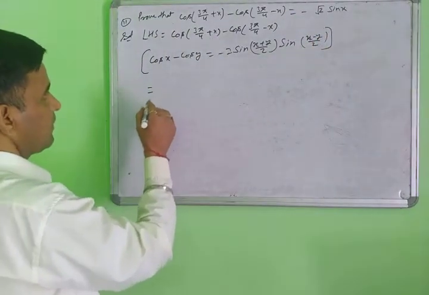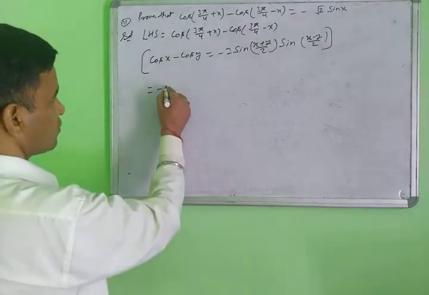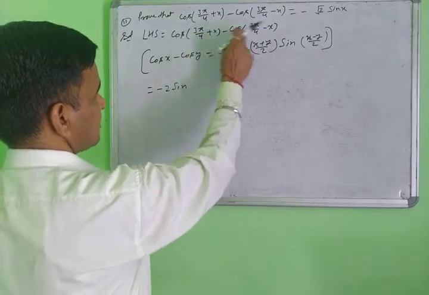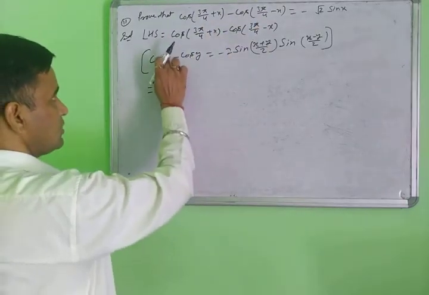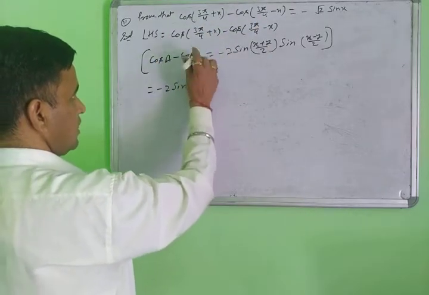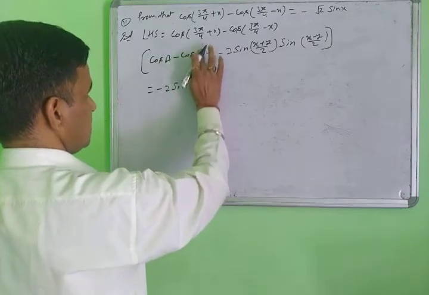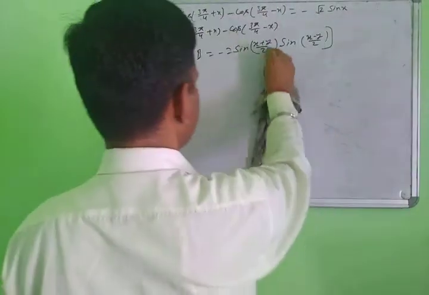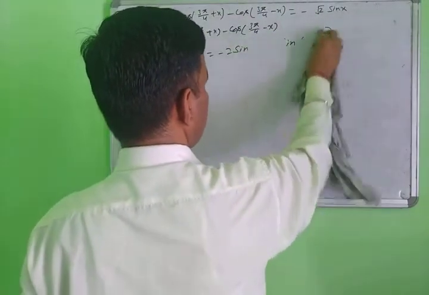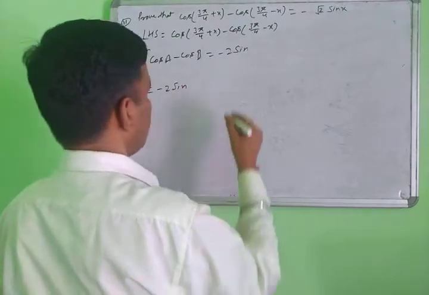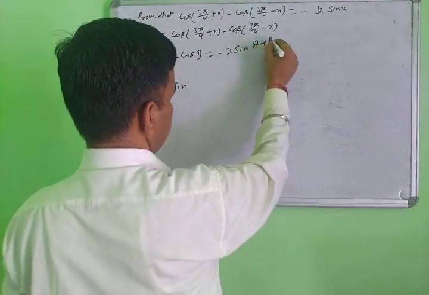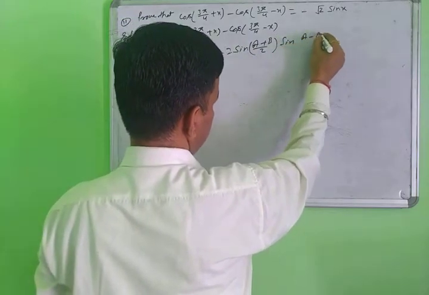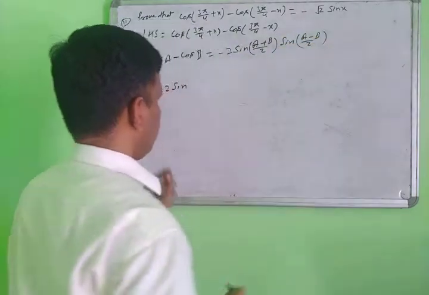First, minus 2 sin of x plus y. This is the complete first angle and this is the complete second angle. Suppose you are using a plus b: sin((a plus b) upon 2) and sin((a minus b) upon 2), in this way.